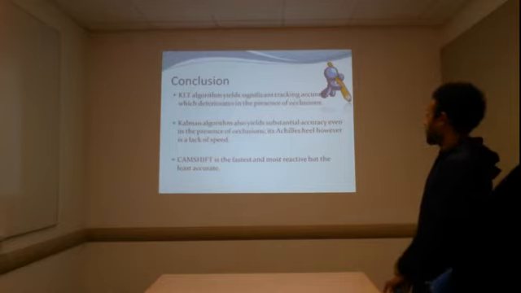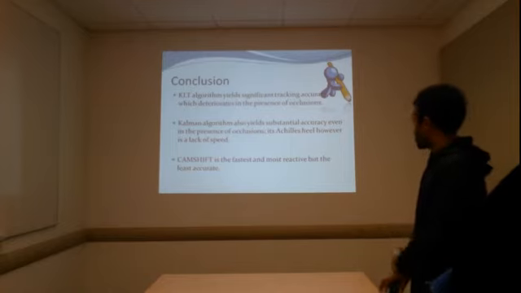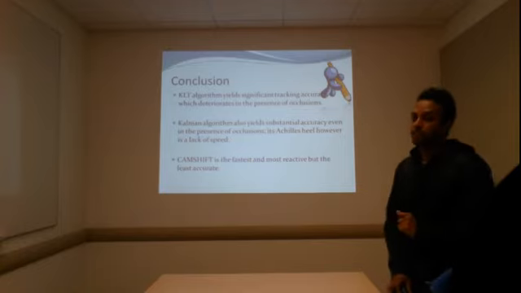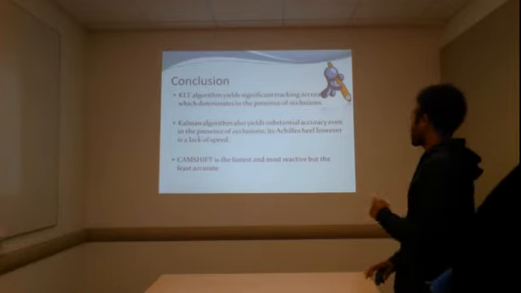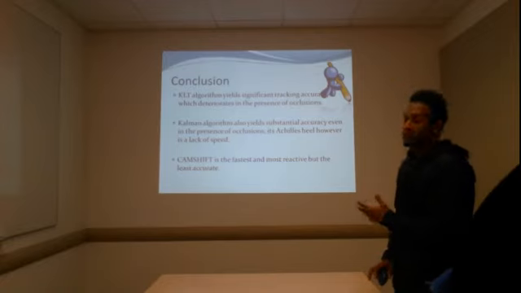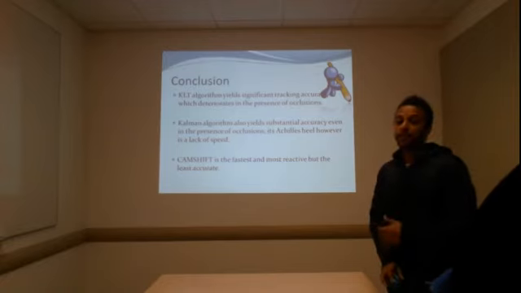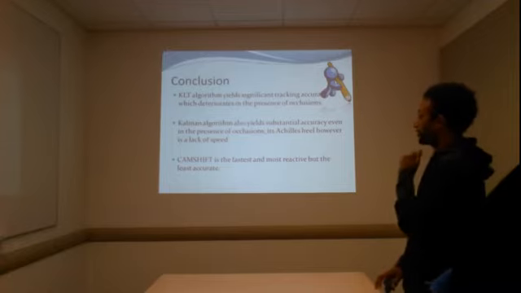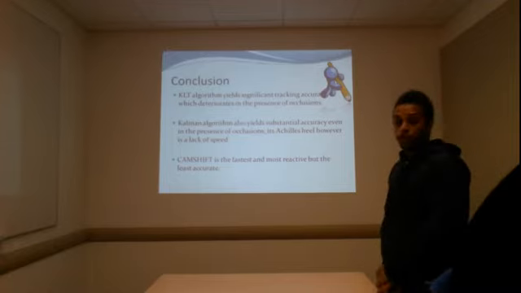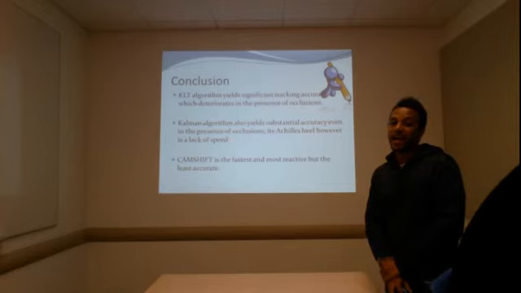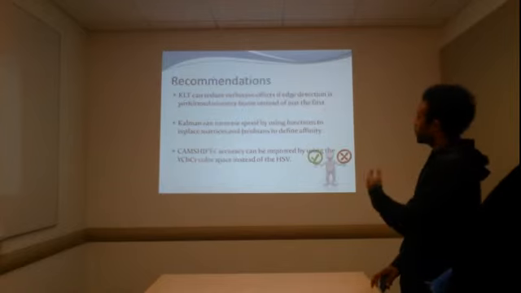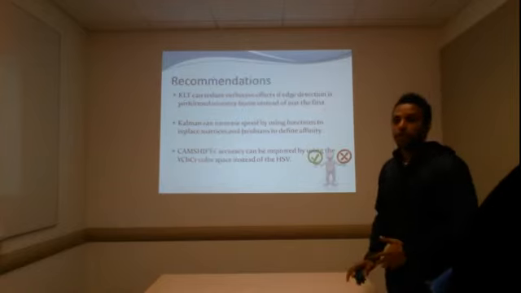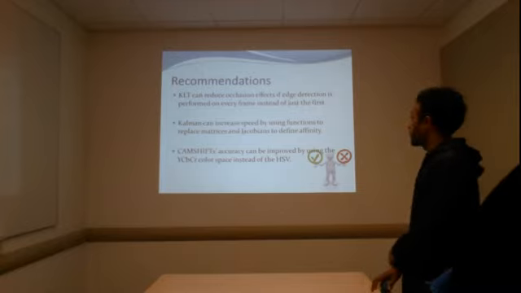The Kalman algorithm also yields substantial accuracy even in the presence of occlusions. However, its Achilles heel is it lacks speed. It's very computationally expensive. And the CamShift algorithm is the fastest and the most reactive, but it is the least accurate. So some recommendations to improve the performance of the algorithms.